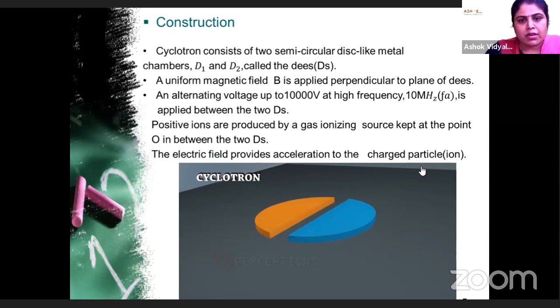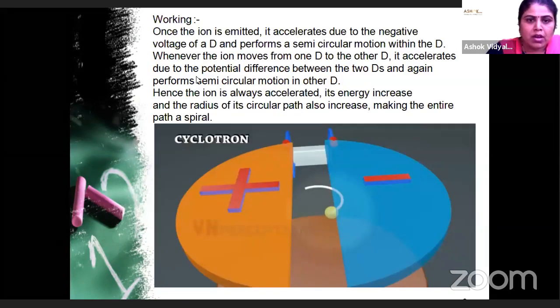Then see how the cyclotron works. Once the ion is emitted here, it is accelerated due to the negative voltage. Since the ion is positive, it is attracted towards the negative terminal.